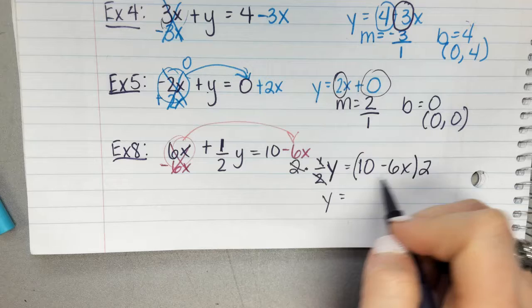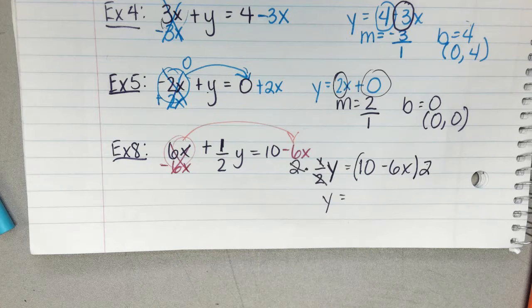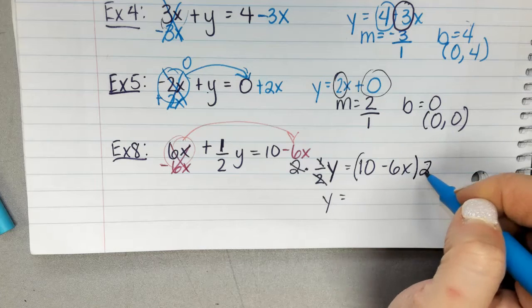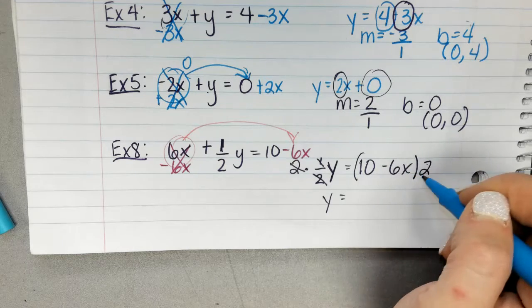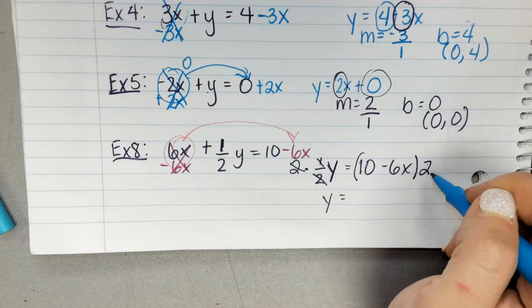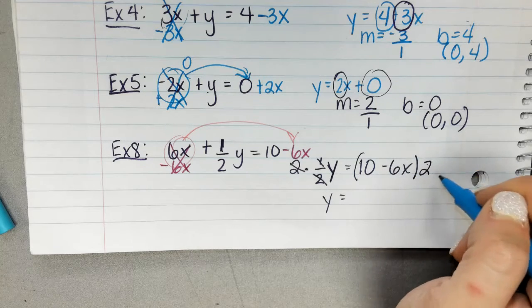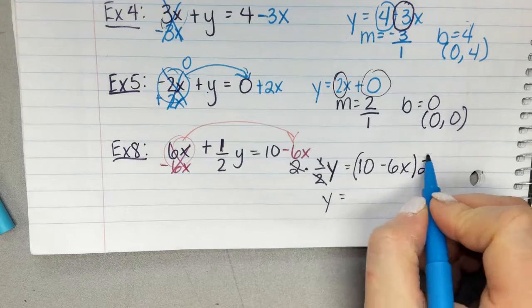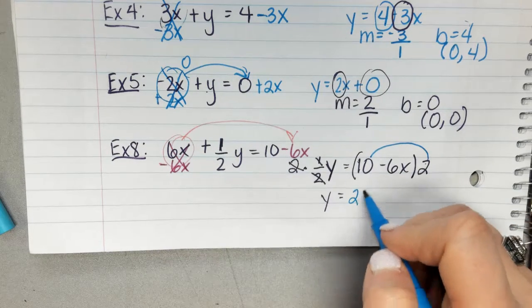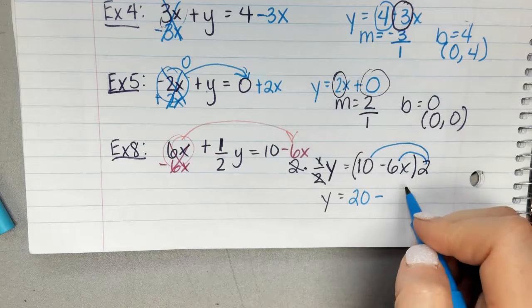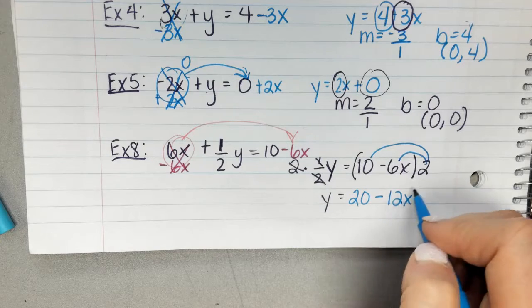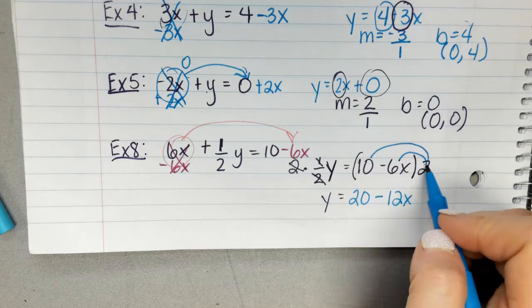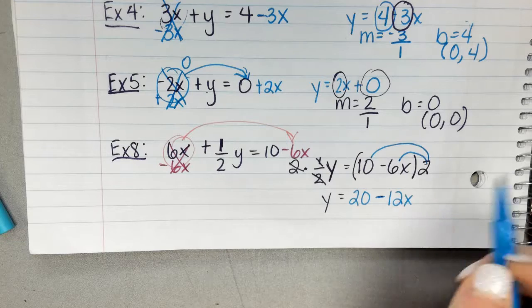Yay. But this one, we have to distribute that 2 into the 10 minus 6x, because you can't just multiply. In the past, when we've gone to this step, we've only had one number over here. Well, we still have two terms. We have a negative 6x and a 10. So we have to multiply both of those things by 2. 2 times 10 is 20. 2 times the negative 6x is technically negative 12x.